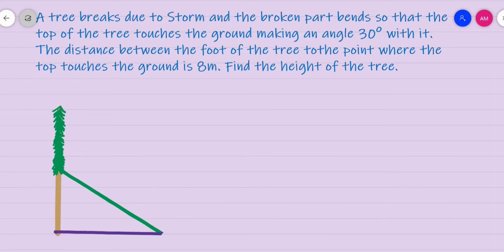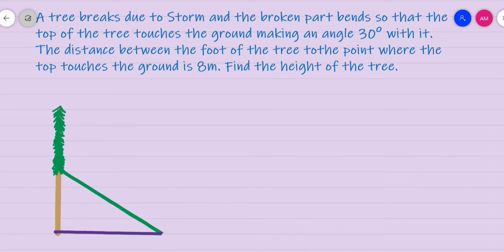A tree breaks due to the storm and the broken part bends so that the top of the tree touches the ground, making an angle 30 degree with it. The distance between the foot of the tree to the point where the top touches the ground is 8 meters.